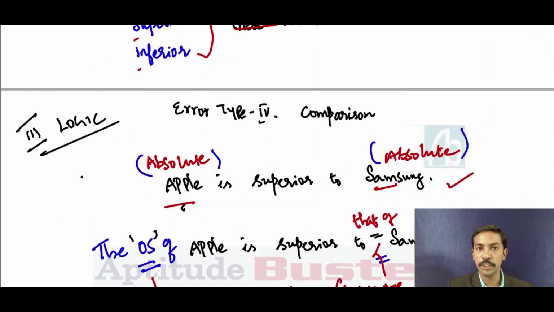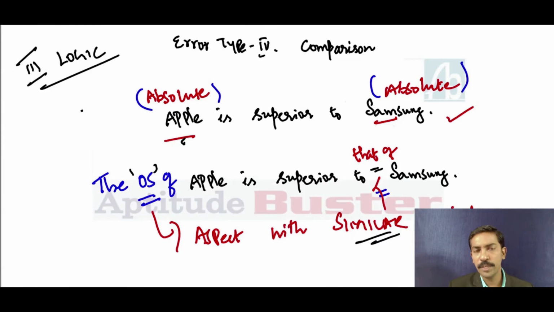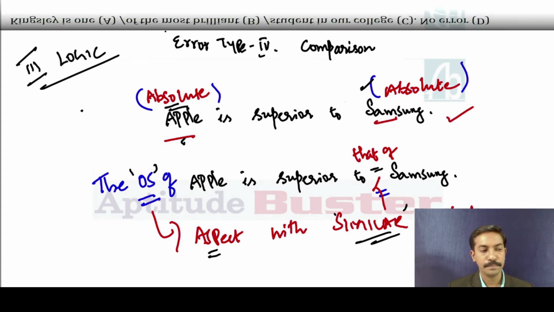The third logic to be remembered in comparison is, the moment you identify the given sentence is a comparison, just look for the elements of comparison. If an absolute is compared, it should be compared with another absolute. If it is an aspect, it should be compared with a similar aspect. If you remember these three concepts, you can answer any question related to this error type called comparison.